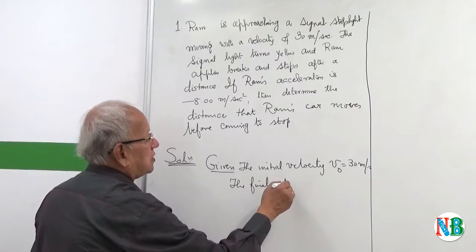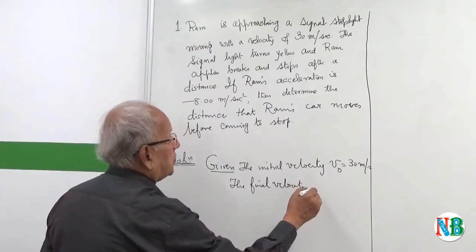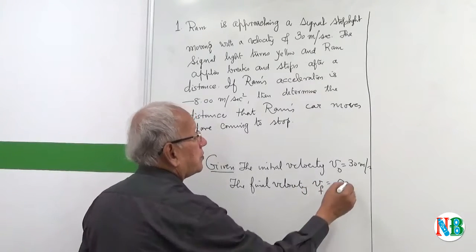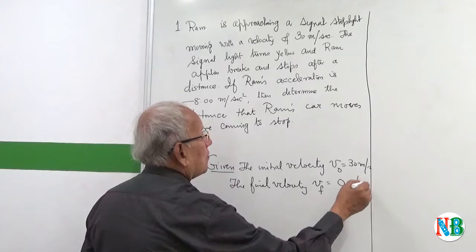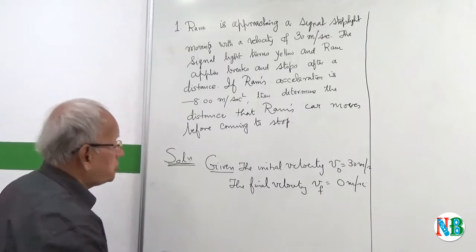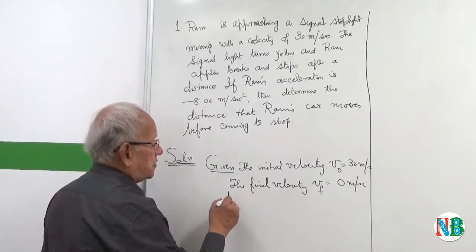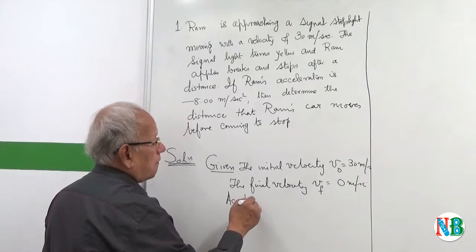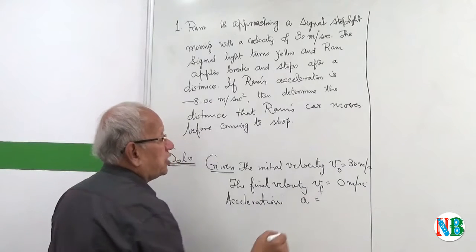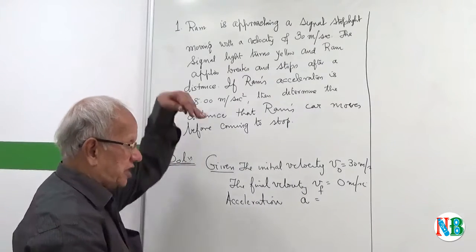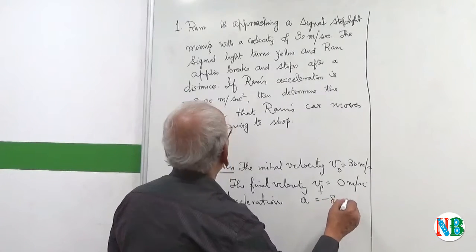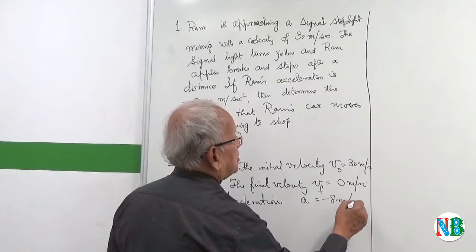So the final velocity, let me call it Vf, is 0. And you are also given that the acceleration, actually from 30 it comes to 0, so it's actually a deceleration, that's why the negative sign, is minus 8 meters per second square.